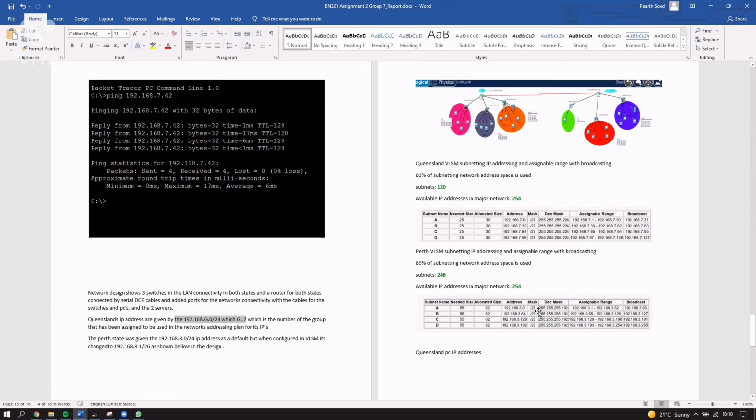It's a good amount for different PCs and hosts to use. And the broadcast network was given to the switches for specific connections from different switches to each other and the router.